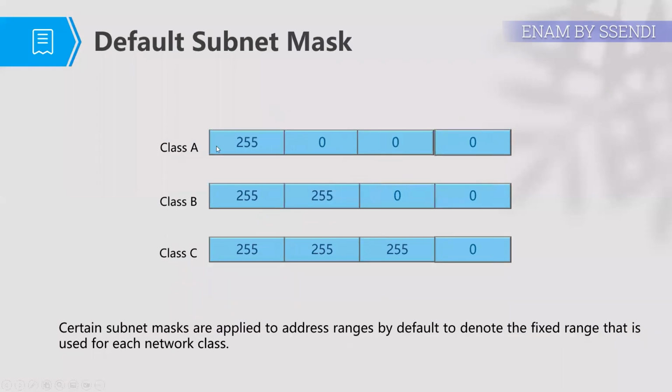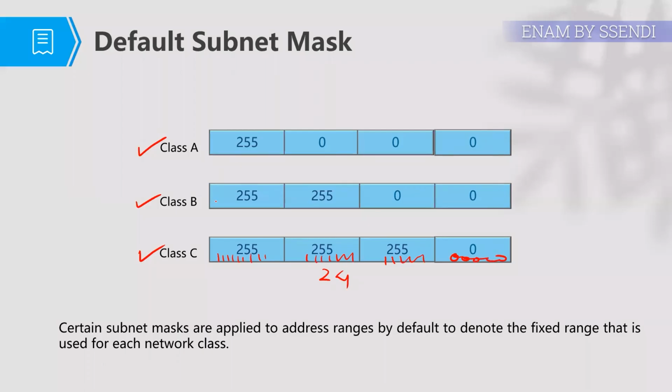So moving forward, we have looked at what we call the default subnet mask. This is the default subnet mask for our networks of class A, class B, and class C. For class C, we have 24 bits, meaning all the first 8 digits are turned on, and this as well, and this as well, and the rest are zeros.